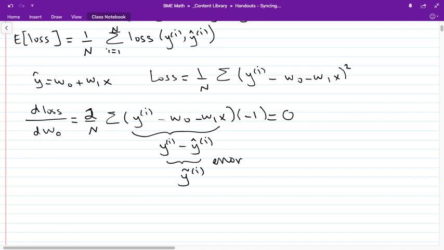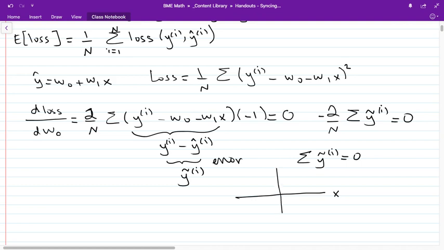And what this is saying is that minus 2 over n of the sum of my prediction error should be equal to 0. So what that means is that the sum of the prediction errors must be equal to 0. If I found the optimum W0, then my errors should have no mean. Mean should be 0.